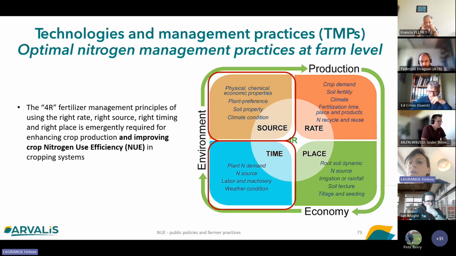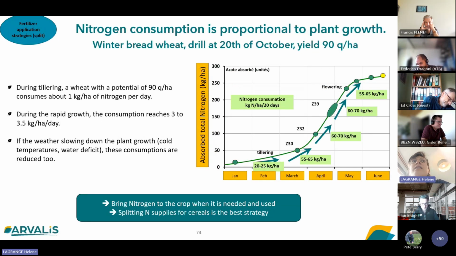And I will show you here some results on right source and right timing. So regarding the timing, I show you here what we do in France for cereal crops. So we consider that it's important to know when the crop needs nitrogen, to then know when we have to bring nitrogen to the crop.